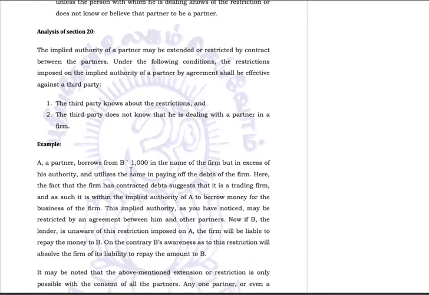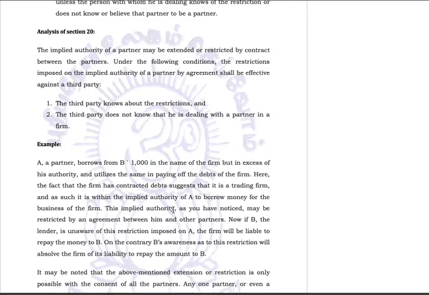A partner borrows 1,000 rupees from B in the name of the firm, but in excess of his authority, and utilizes the same in paying off the debts of the firm. Here the fact that the firm has contracted debts suggests that it is a trading firm, and as such it is within the implied authority of A to borrow money for the business of the firm.